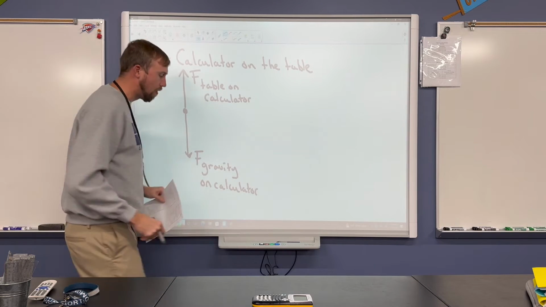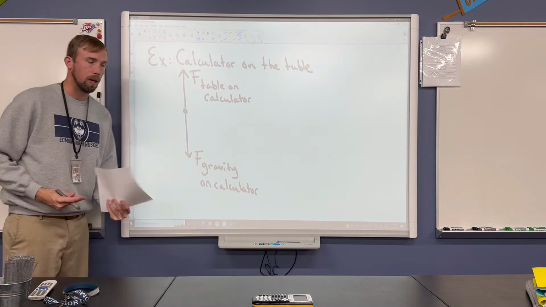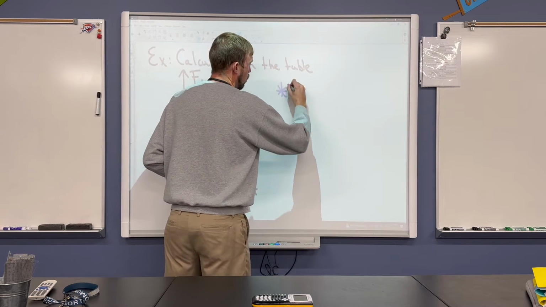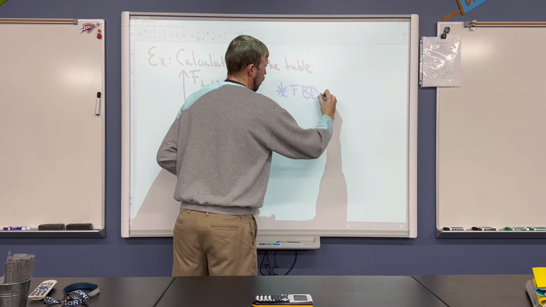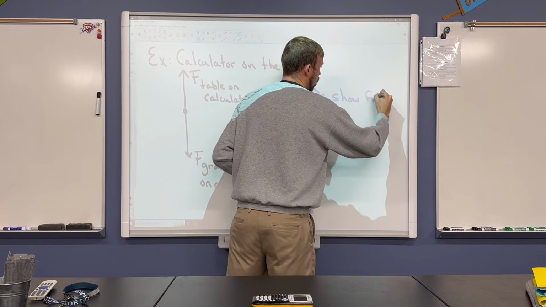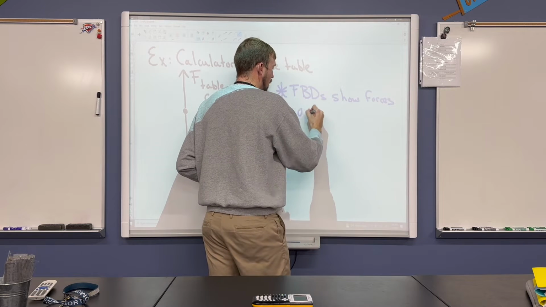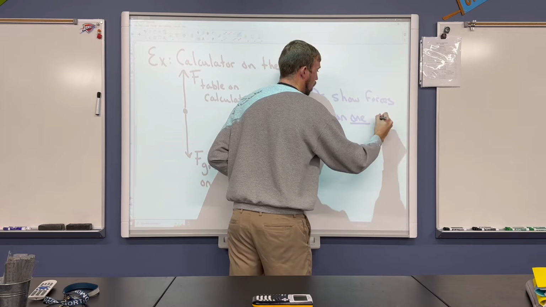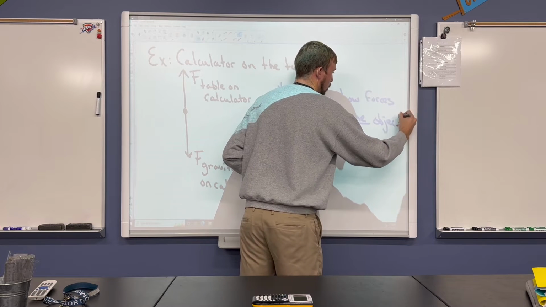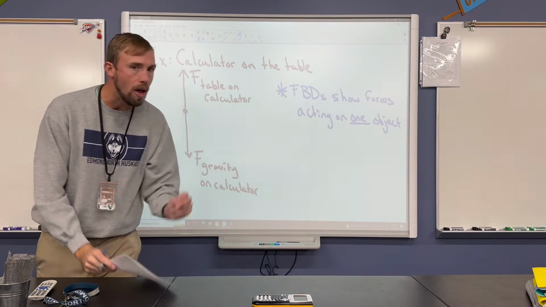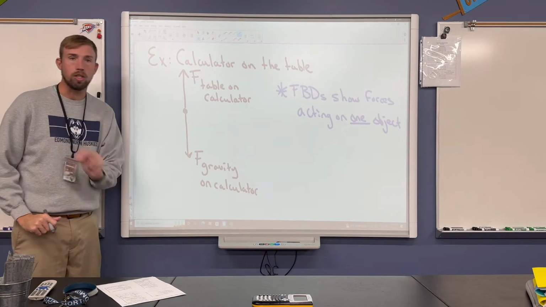So, a couple of other things I want to make sure we cover with free body diagrams. Number one, this is important. Free body diagrams show the forces acting on one object. They don't show all the forces in the universe.